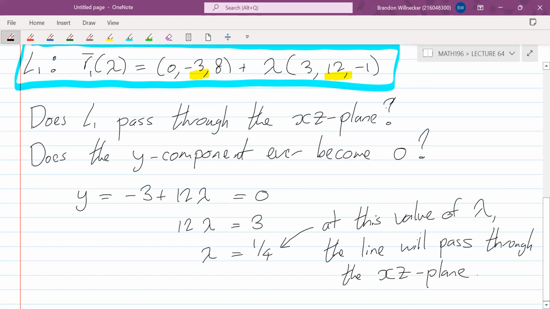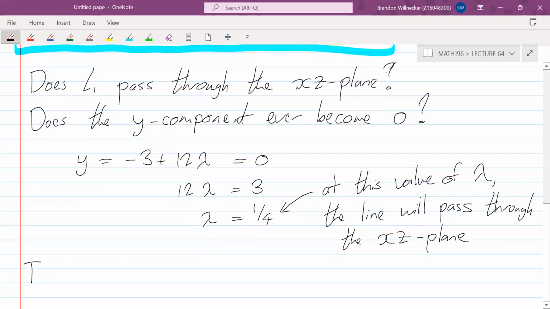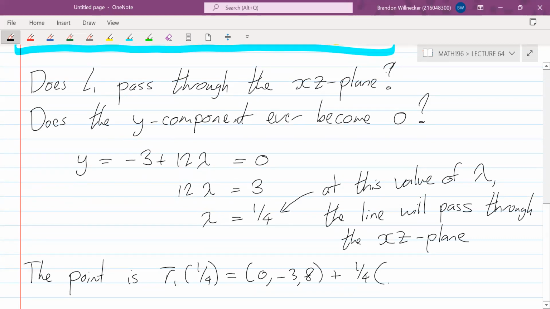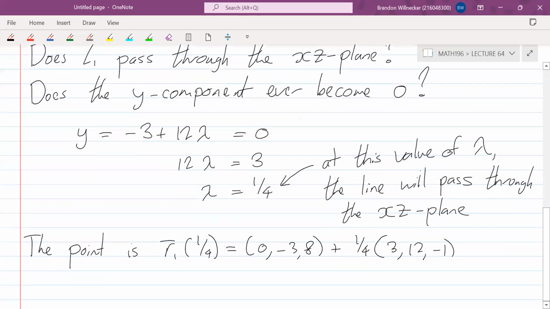And if we want to know the exact point at which it passes through the plane, we can just substitute that value of lambda. So the point is R1 at 1/4. So we just substitute 1/4 into that equation. So it will be 0, minus 3, and 8, plus lambda, which is now 1/4, times the direction vector, which was 3, 12, minus 1.